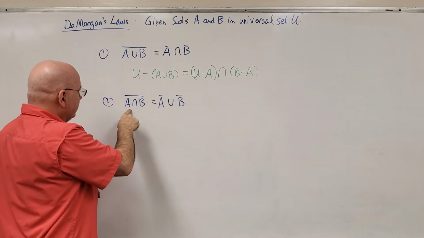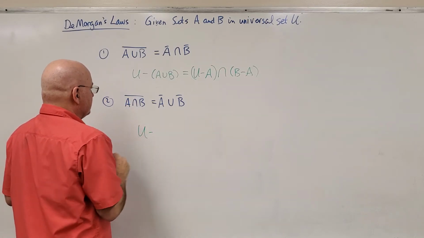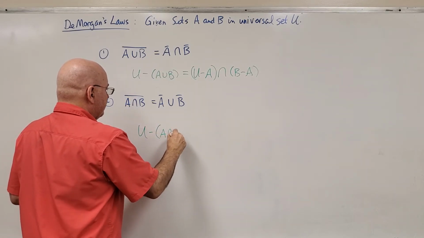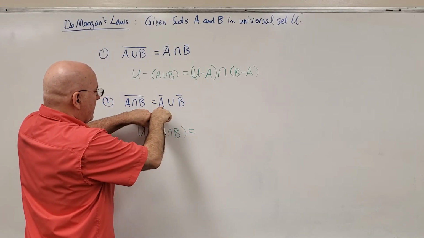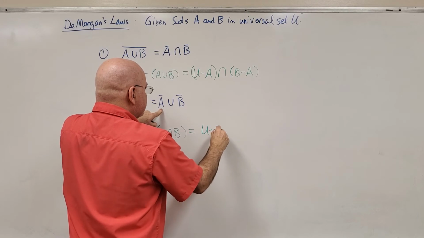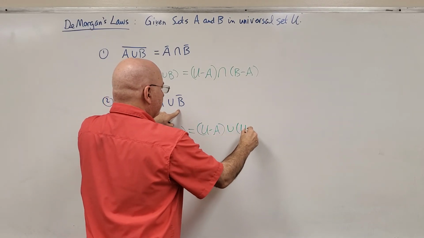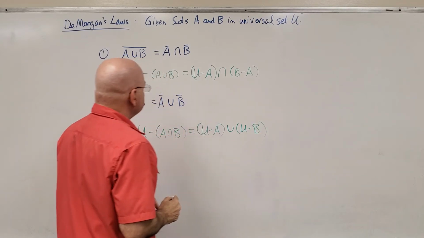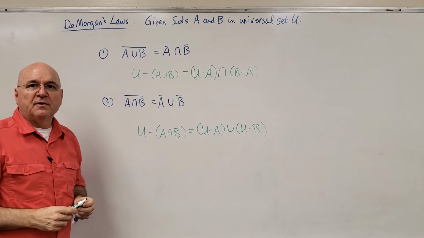And likewise, the complement of A intersection B is the universal set minus A intersect B, which is equal to U minus A, universe minus A, union, universe minus B. And I think you'll see these two look very, very similar to our previous theorem.